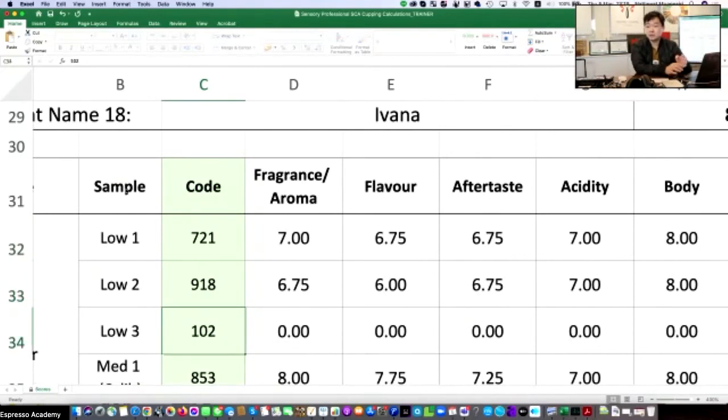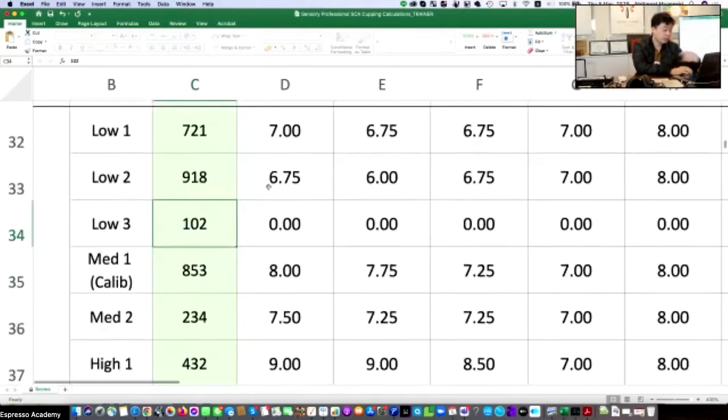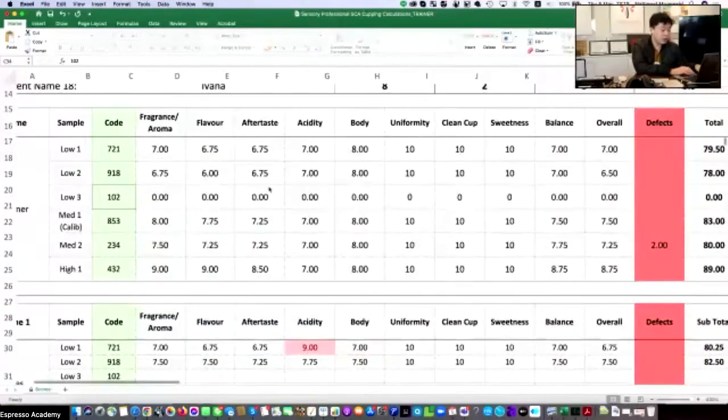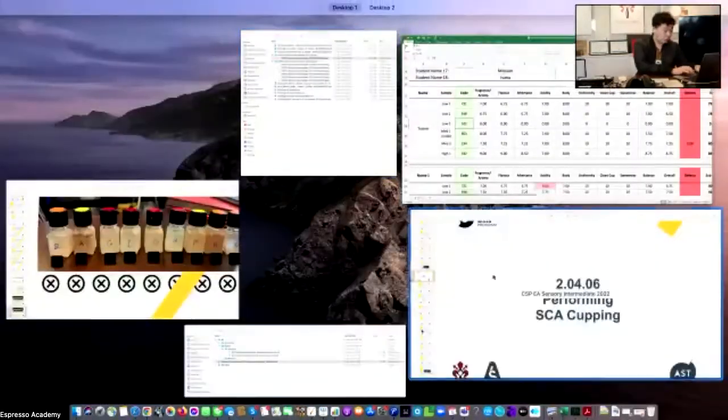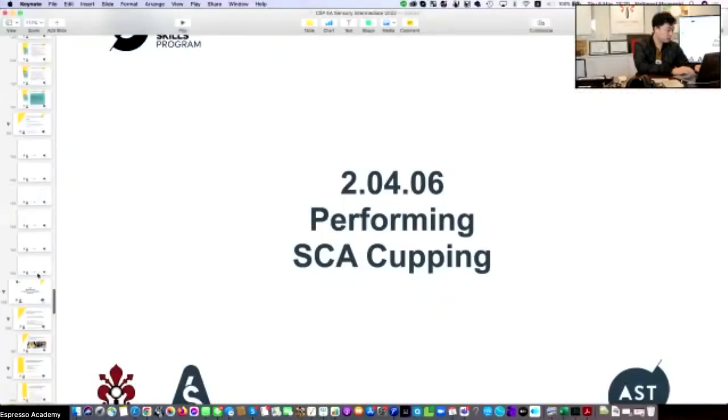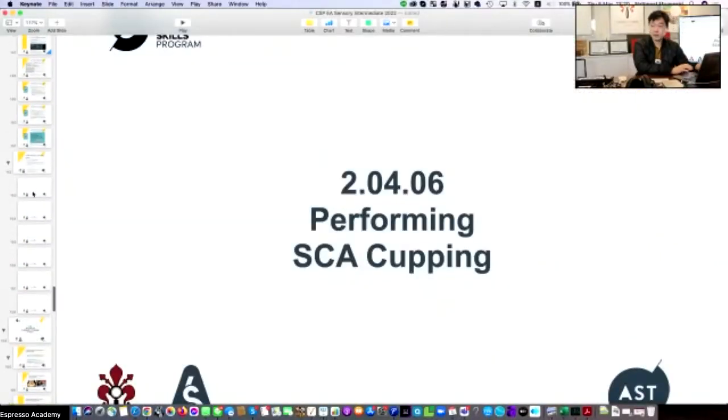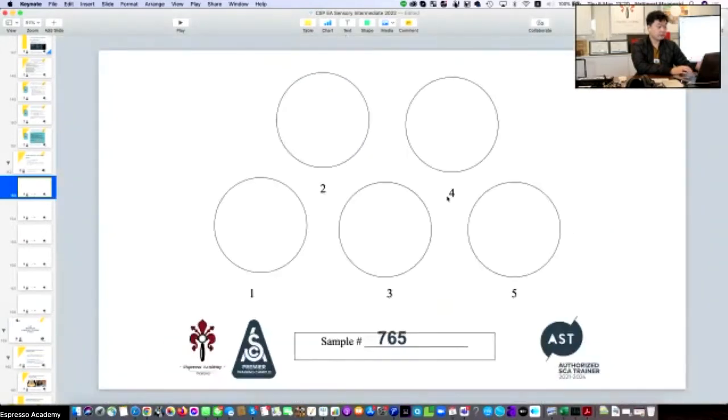Okay, and 102 would have 5 cups in front of you as well. So all of this will have score impact on your coffee, just like when we do cupping. There would be 5 cups like this.